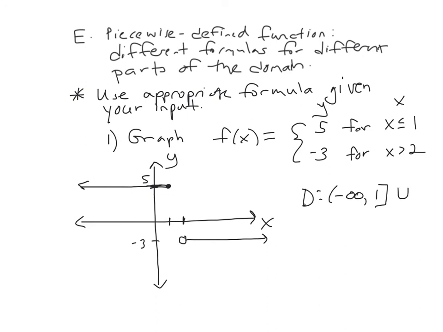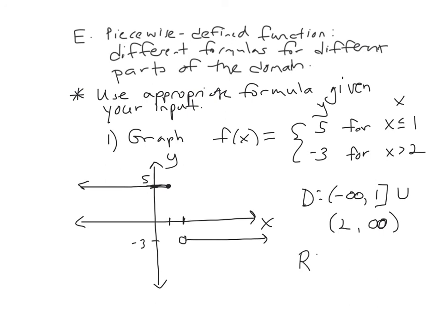I'm going to use a union. In other words, it also is going to include, well, the next point we hit is an open circle at x equals 2. We're going to use a parenthesis for 2 because we don't include 2, and then we can just keep going to infinity. And remember, we can never get to infinity. Infinity is a construct. It's not an actual number.